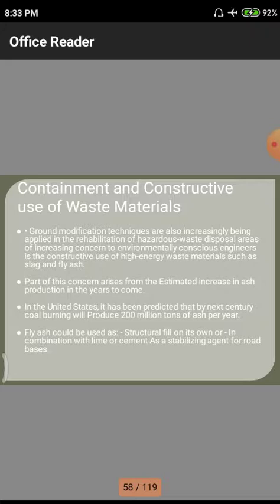Next one we are having, in the US, it has been predicted that in the next century coal burning will produce 200 million tons of ash per year. That means in the next century, meaning after the next 10 years, coal burning will produce that.